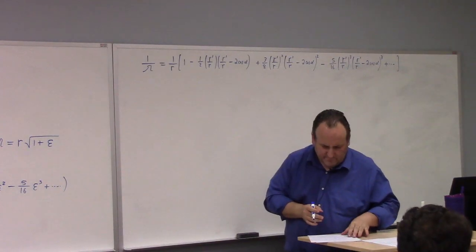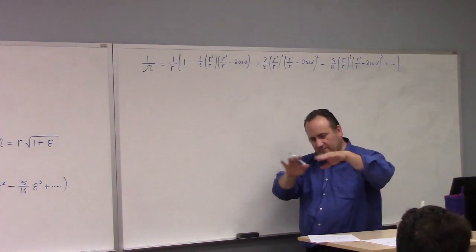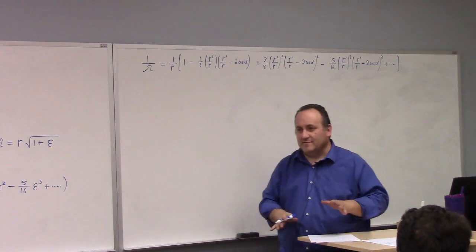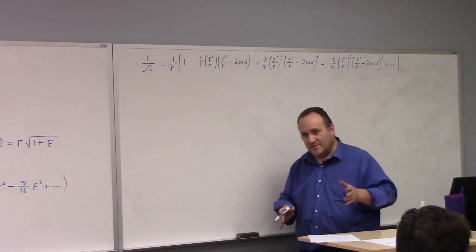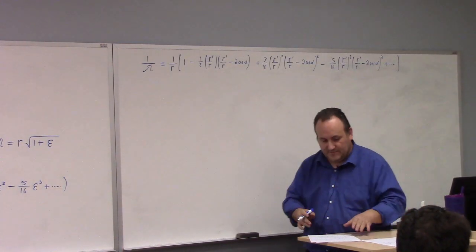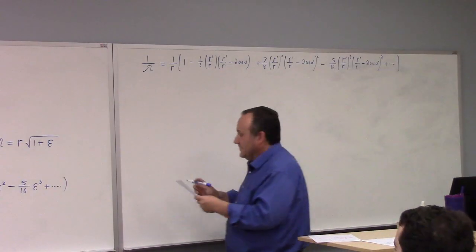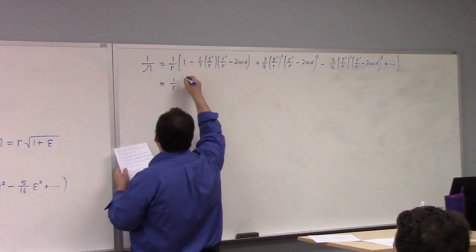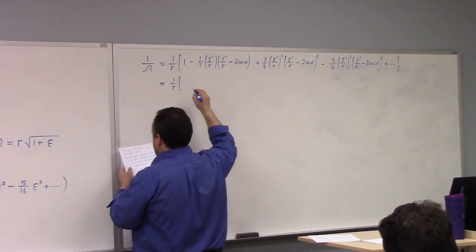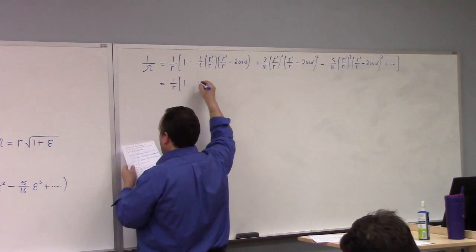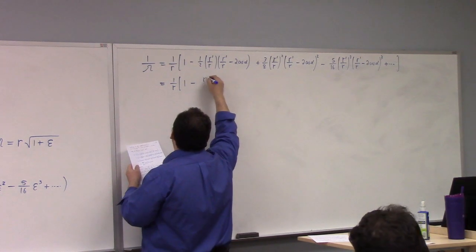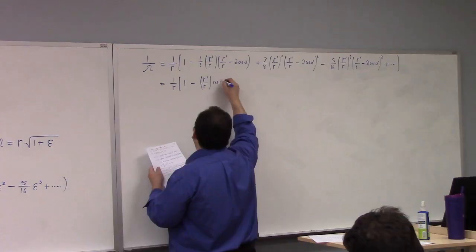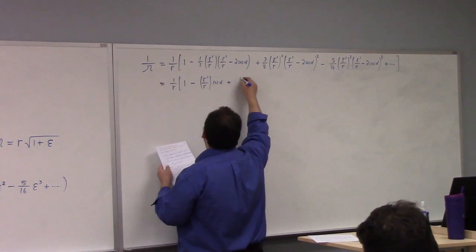Now, if you're just glancing through the chapter and you see this, it's very scary. It seems like a hopeless endeavor. But let's go on. Something amazing happens here. This is 1 over r times 1 minus r prime over r cos alpha plus r prime over r squared.